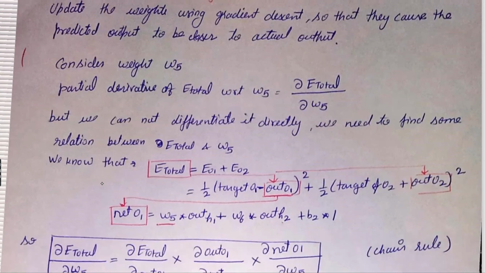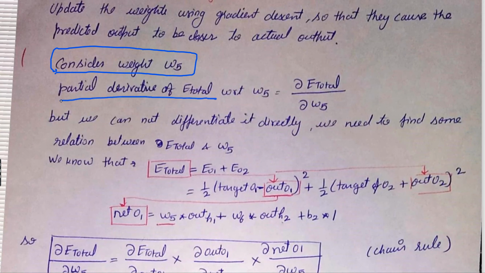So first of all, we are considering the weight W5. We are trying to update the weight W5. To update W5, first of all, we will calculate the partial derivative of E total, that is error of O1 plus error of O2, with respect to W5, because we are going to find the updated weight of W5.